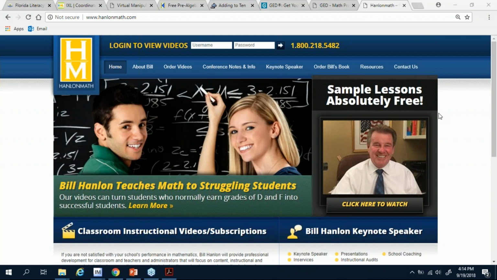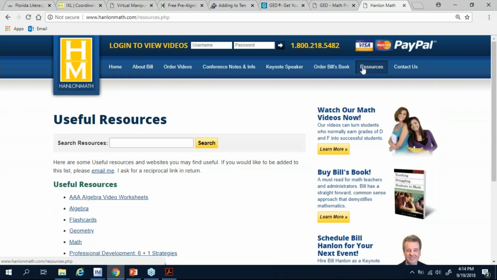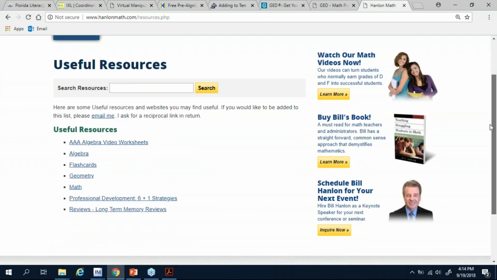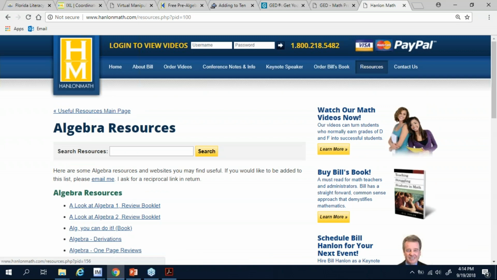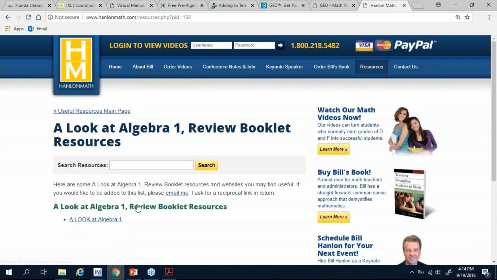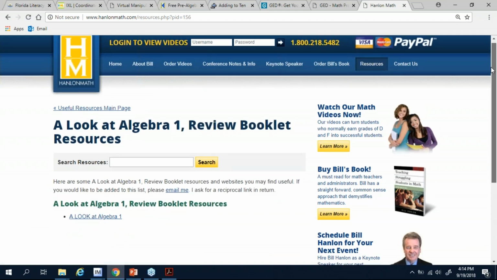It appears to me that he is selling something, but I found that he had a lot of things. So I just clicked under resources, and he had these notes when you clicked on some of these sections. So I would say just click around through this website and you're going to find, like here's a review booklet.